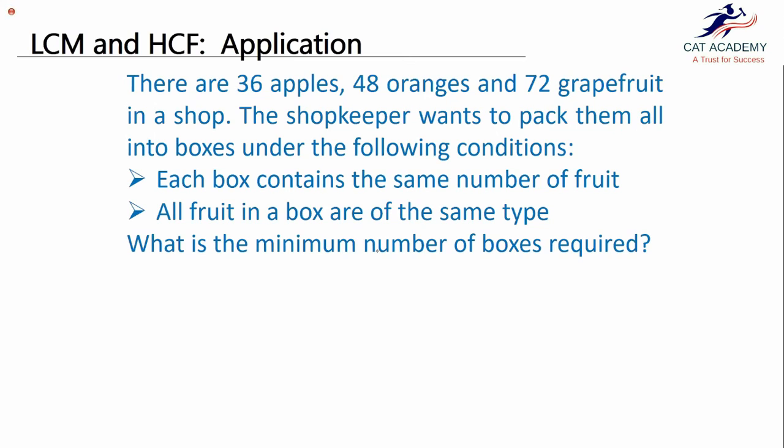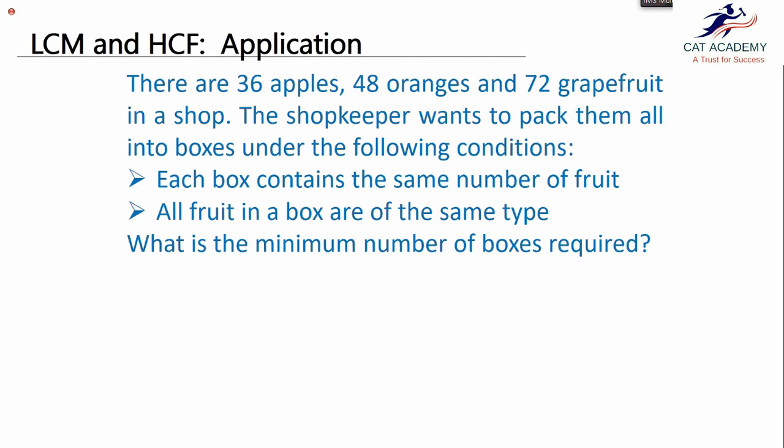All right, multiple answers. Let's see. So one thing for sure, this is clearly an HCF situation because there are 36 apples to be distributed in certain number of boxes, 48 oranges to be distributed in certain number of boxes, and there were 72 grapefruits to be distributed in certain number of boxes.